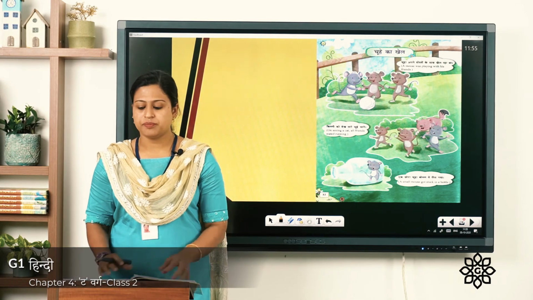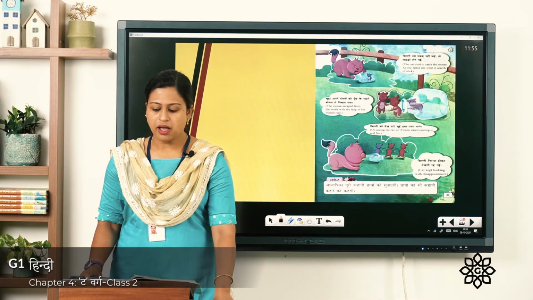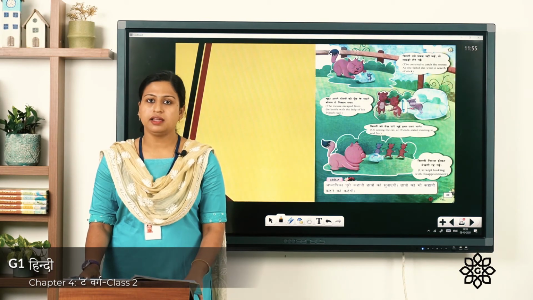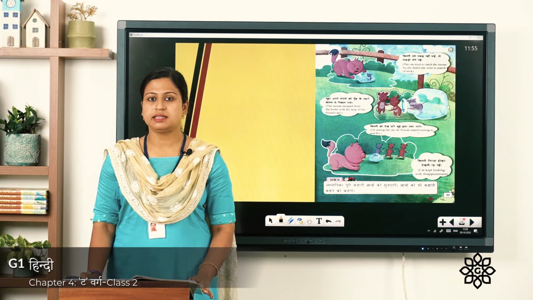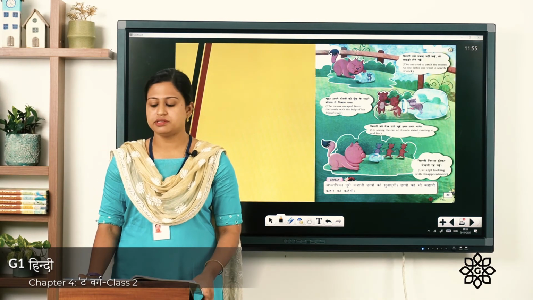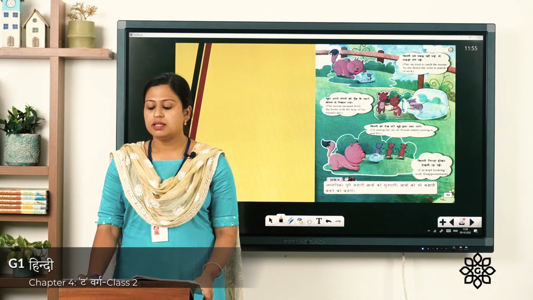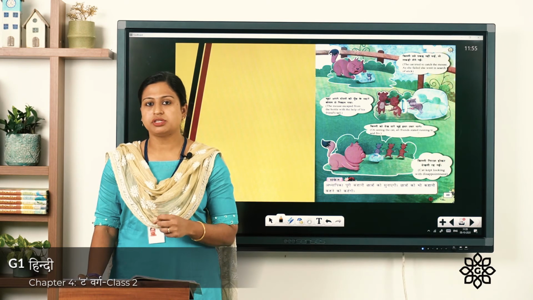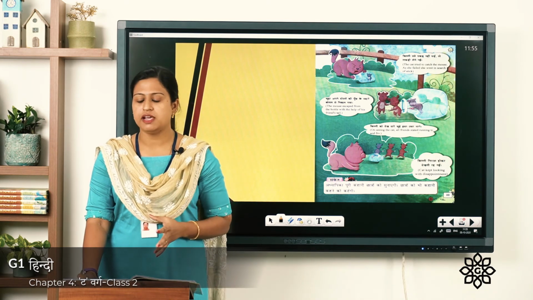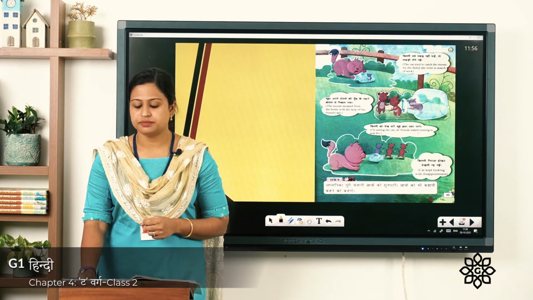The next picture. बिल्ली उसे पकड़ नहीं पाई तो लकड़ी लेने गई. Here बिल्ली means cat, पकड़ catch, नहीं means no, लकड़ी stick. So what happened? The cat tried to catch the mouse, but she failed and she went in search of a stick.